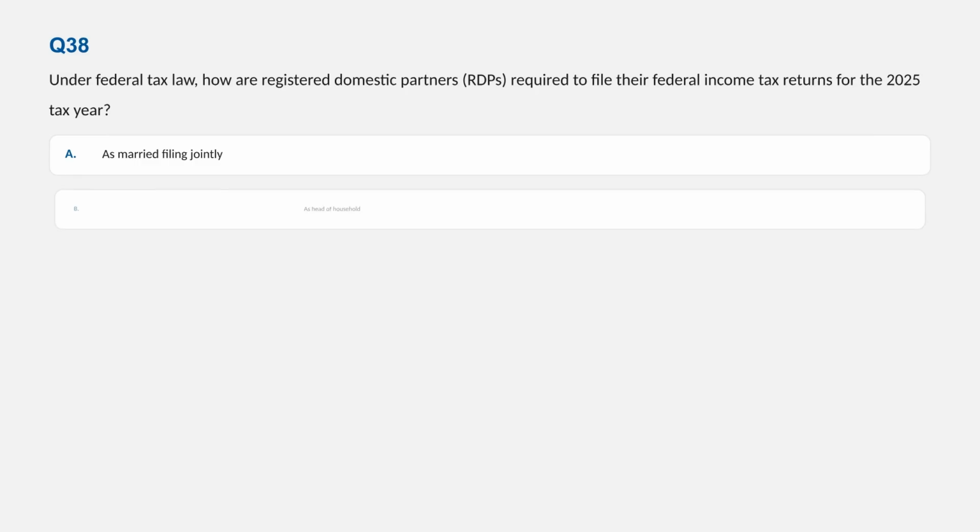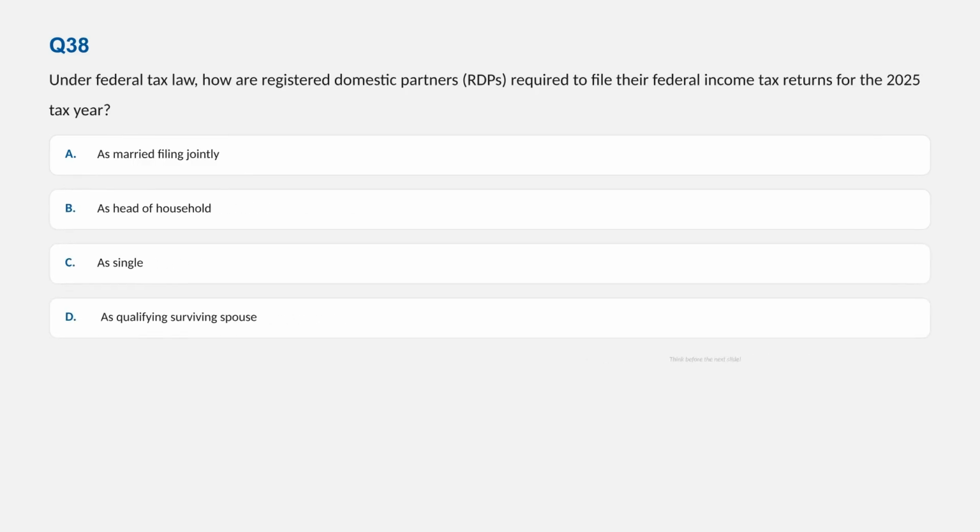Alright, let's move to question 38. Under federal tax law, how are registered domestic partners required to file their federal income tax returns for the 2025 tax year? A. As married filing jointly, B. As head of household, C. As single, D. As qualifying surviving spouse.